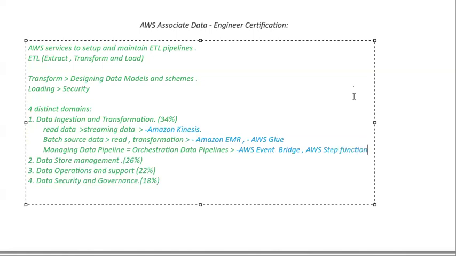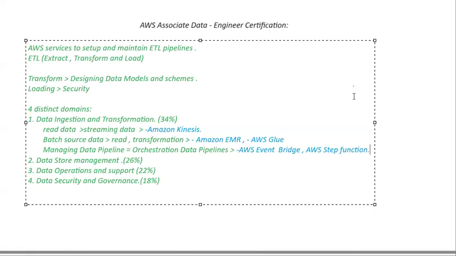By using these two, you can perform orchestration on your data pipeline. What is EventBridge, sir? EventBridge can store your event related data. Whenever an event occurs, that data is stored in EventBridge. Based on that event, you can perform any operation by using Step Functions.